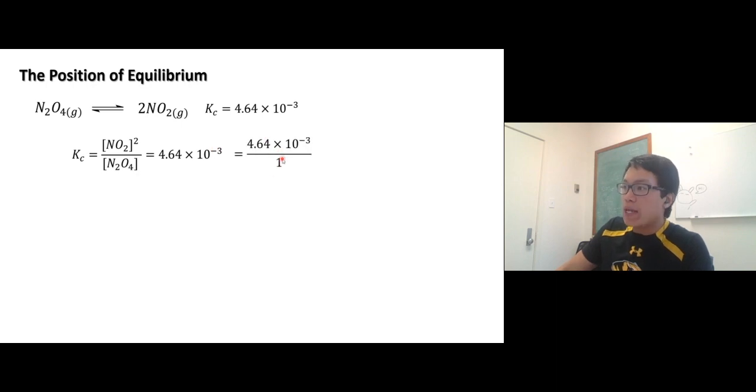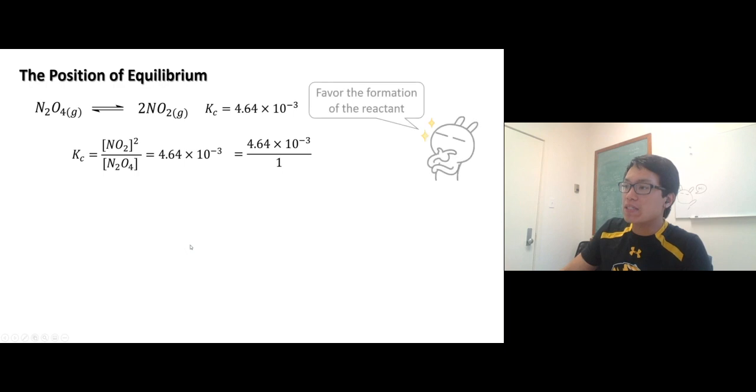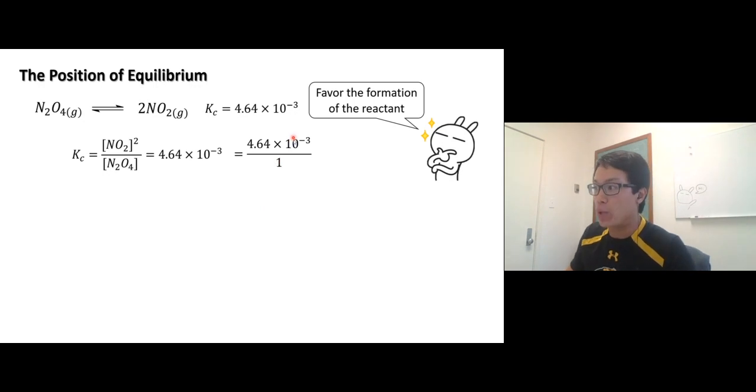That means at equilibrium, most of the species in the reaction flask are N2O4, because N2O4 is about 1,000 times bigger than 4.64 times 10 to the negative third. So there is about 1,000 times more N2O4 than NO2. In this case, the equilibrium favors the reactant because there is more reactant at equilibrium.